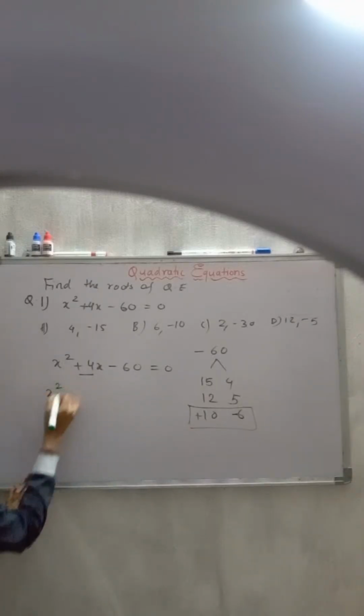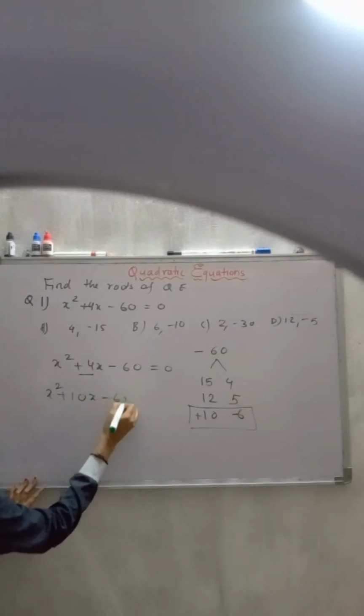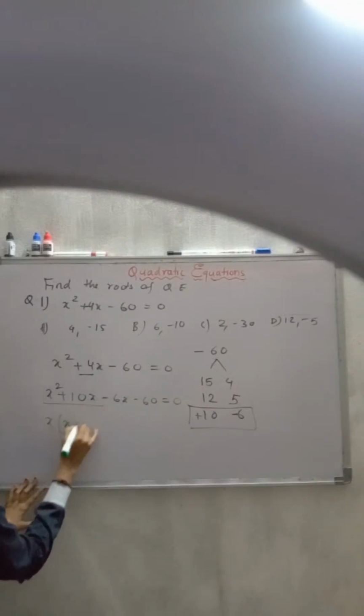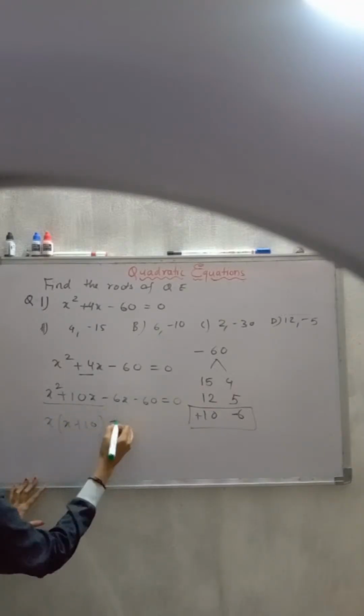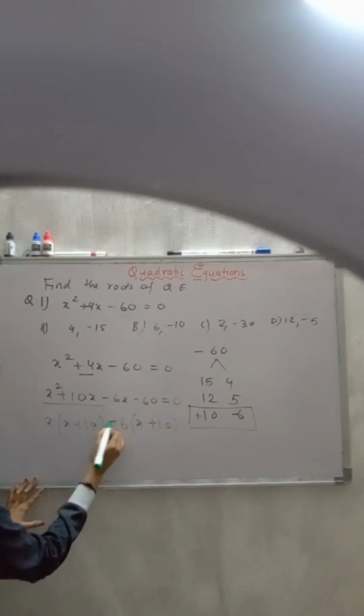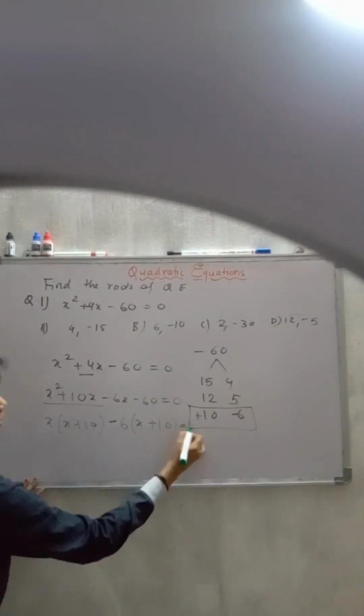So x square, replacing this 4 with plus 10x minus 6x, minus 60 equal to 0. Taking x common, x plus 10 in one bracket, and minus 6 common, x plus 10. Since we have taken negative 6 common, the sign in the other bracket is changed, equal to 0.